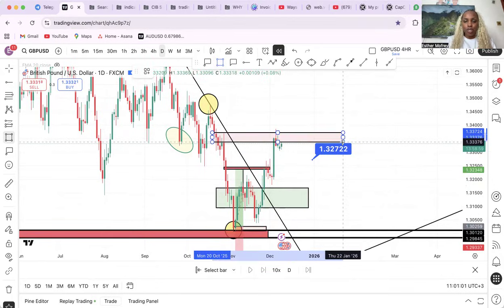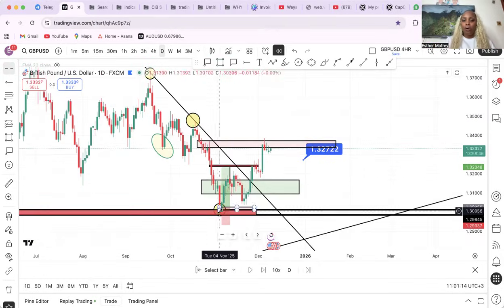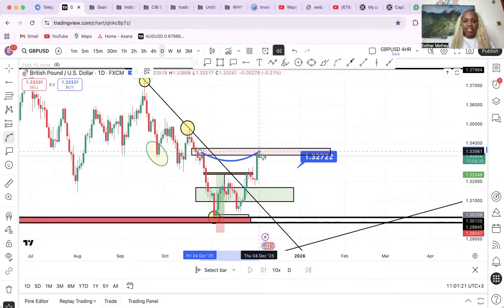We have a double top, and this double top can give us two patterns. We can get a double top that will go back to the neckline, or we can get a cup and handle. So I will be monitoring this setup.